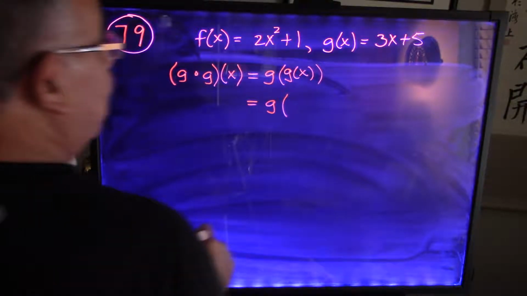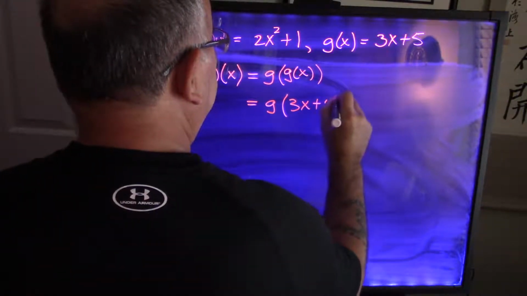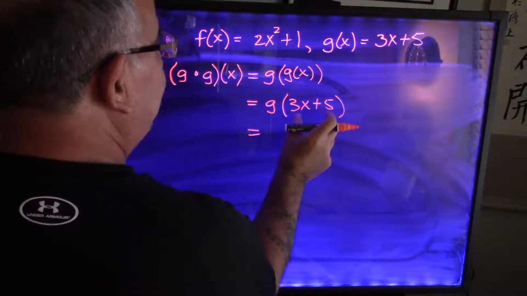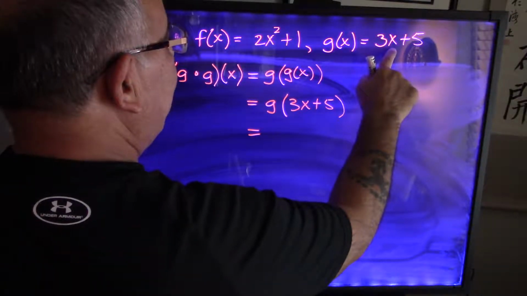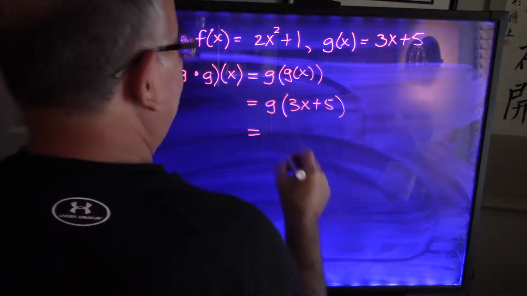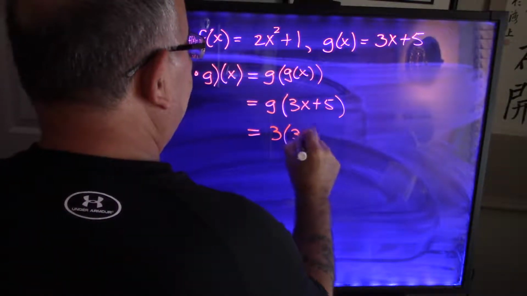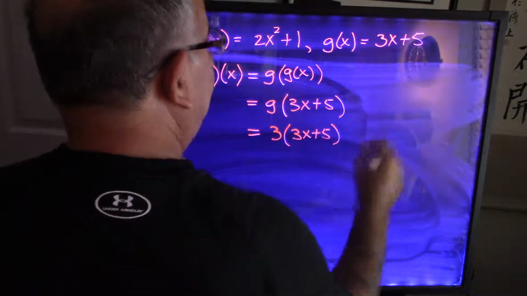And g of x is 3x plus 5, so I write that in there. Now g of 3x plus 5, you plug in 3x plus 5 and put that into there for the formula for g, right there on the x. So that's 3 parentheses, and you put in the whole 3x plus 5. And then plus 5.